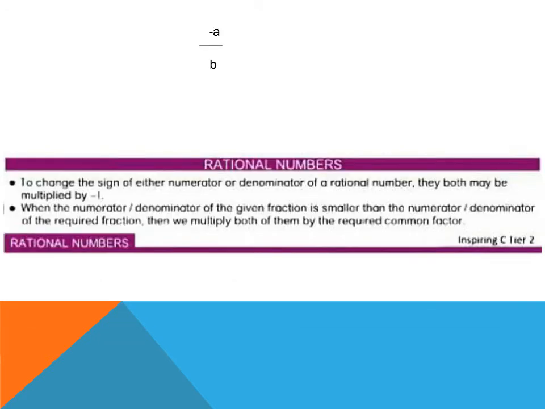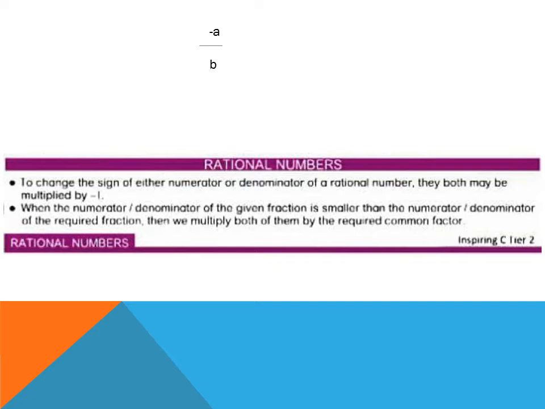So to change the sign of either the numerator or denominator of a rational number, they both can be multiplied by -1. When the numerator or denominator of the given fraction is smaller than the numerator or denominator of the required fraction, then we multiply both of them by the required common factor.